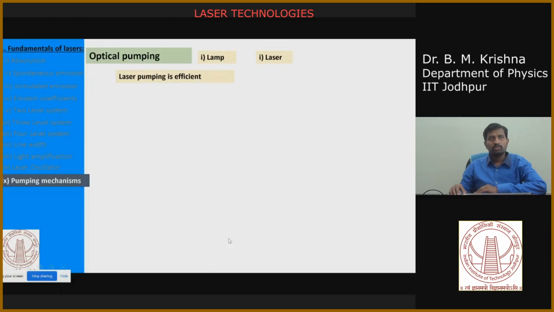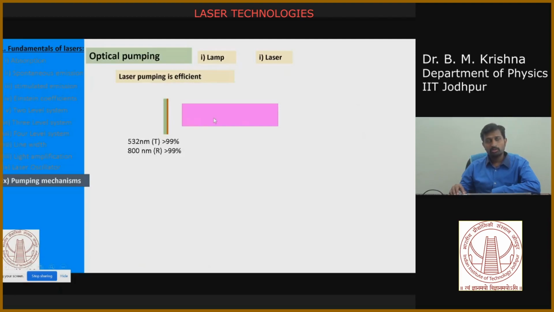Now the second one we see is laser pumping. Here you use a laser itself to pump another laser system. For example, this is my crystal as the active medium. I take a mirror with a coating so that it transmits 532 nanometers and reflects 800 nanometers.